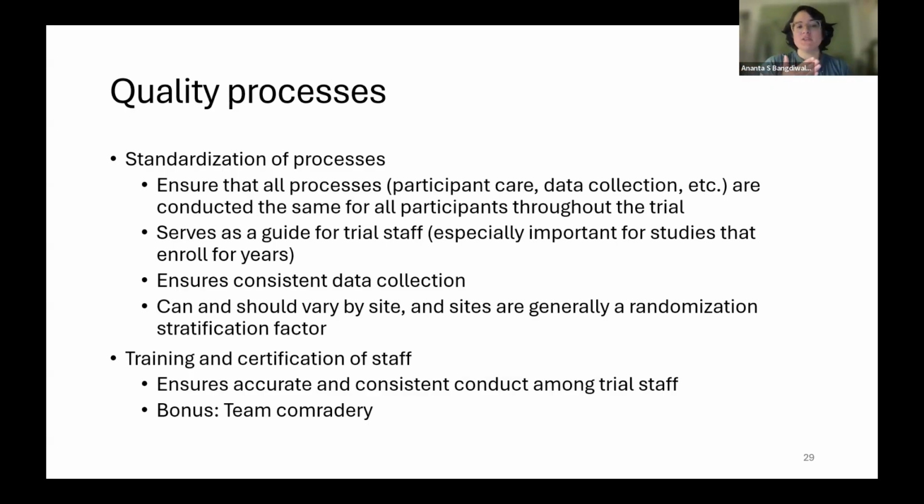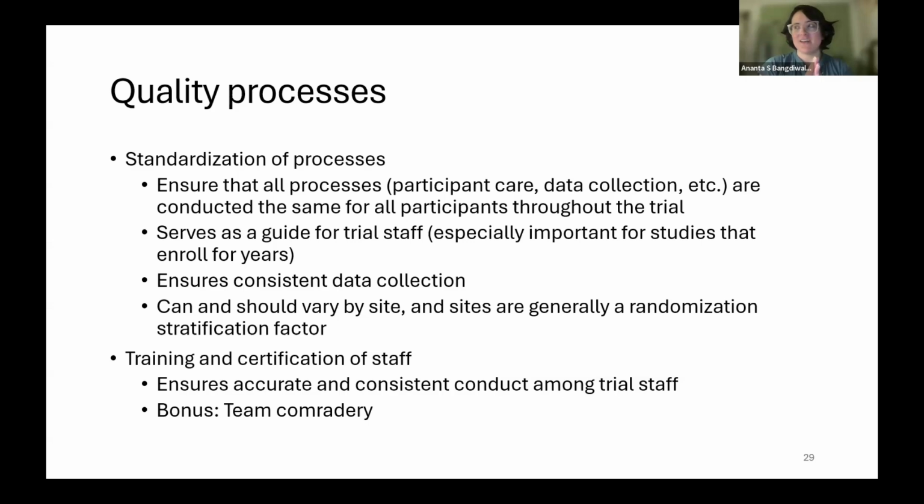Speaking of staff, you also have training and certification of staff. That ensures accurate and consistent conduct among trial staff. And I will also say that the bonus is team camaraderie. The more trainings that happen, I think the more people buy in, feel empowered, and feel connected to the team. I should have put a picture here of many of our trial team photos, but I'm sure you've seen them with other studies.